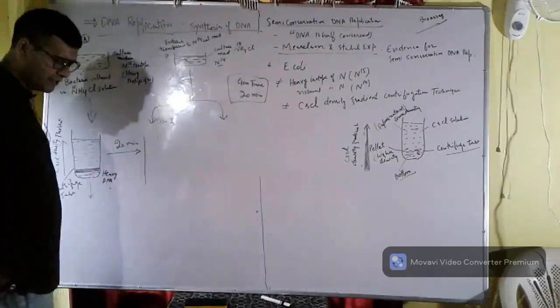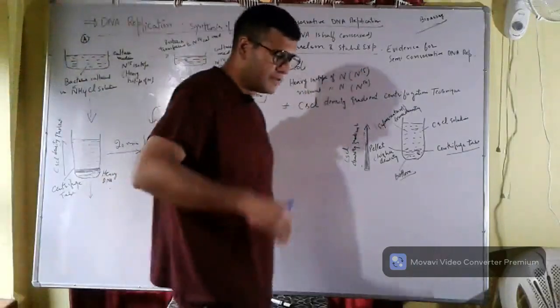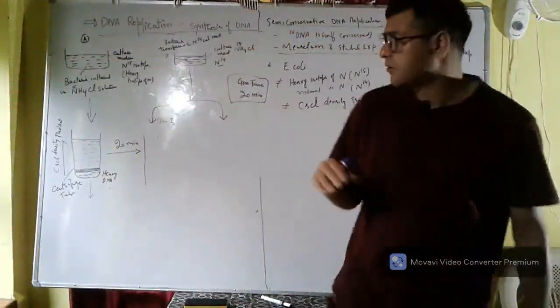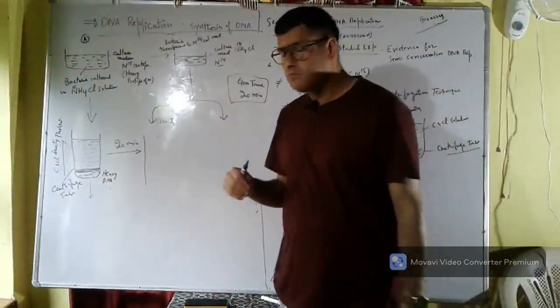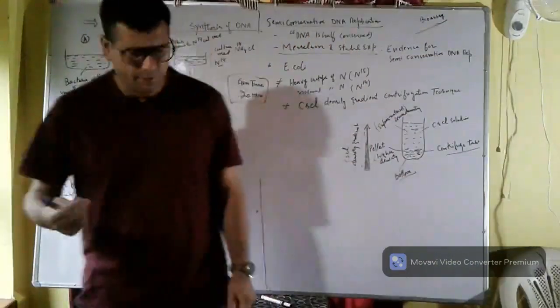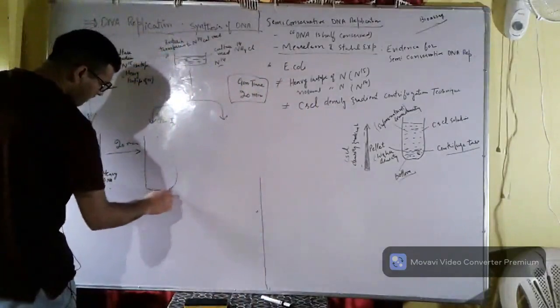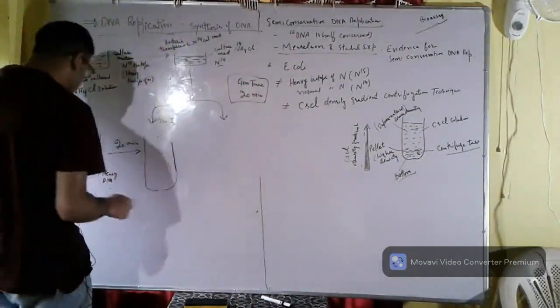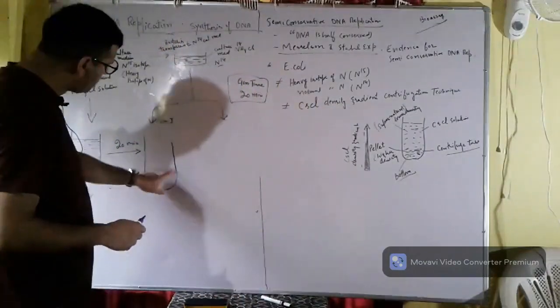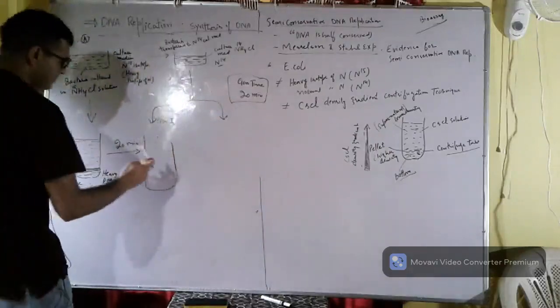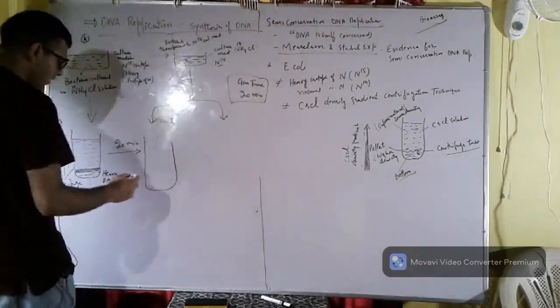and they tested the second generation of bacteria by means of centrifugation. And what they found? To their surprise, they found hybrid DNA.